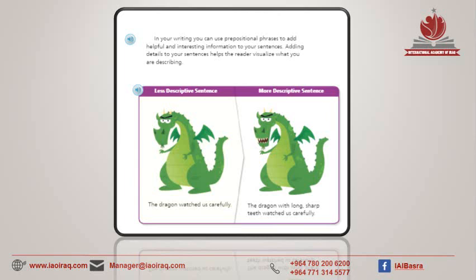The first one says, less descriptive sentence, the dragon watched us carefully. And a more descriptive sentence would be, the dragon with long, sharp teeth watched us carefully. So obviously the more descriptive sentence helps you visualize what the dragon looks like a lot better.